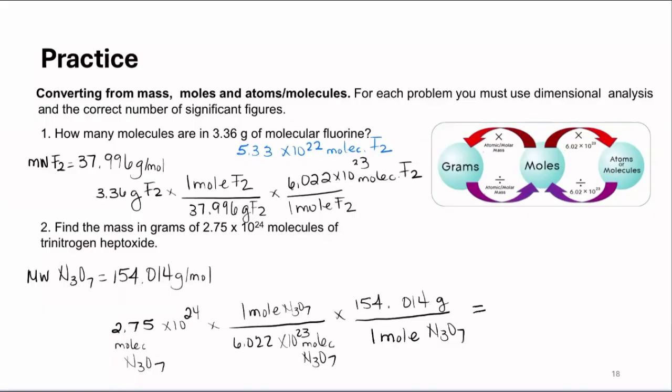And I find specifically that there are 703 grams of N3O7 when I start with 2.75 times 10 to the 24 molecules of it.